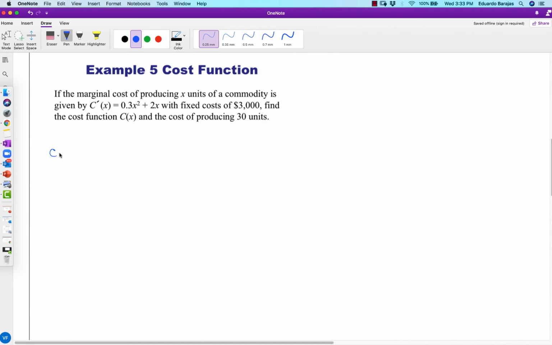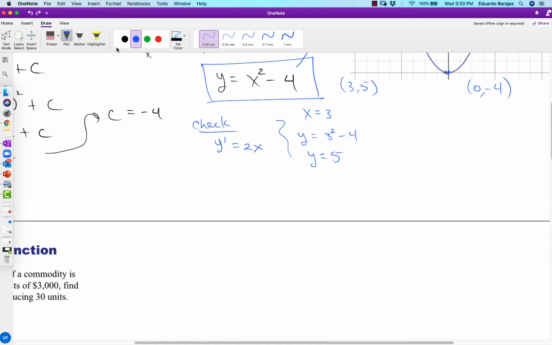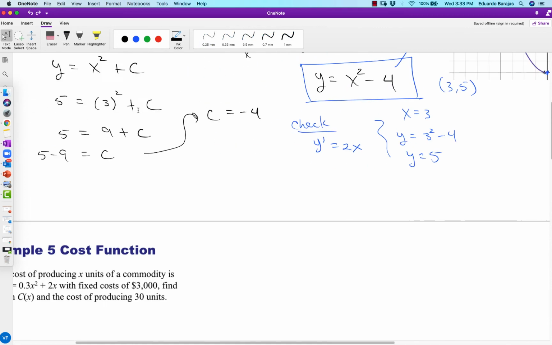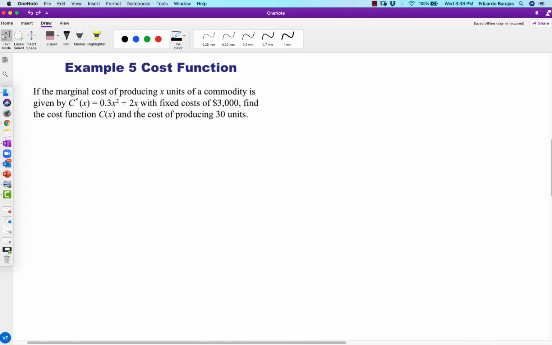C of X is equal to the integral of C prime of X dx. Right? Note that, well, okay, let me take a step here. We can also rewrite this as the integral of the derivative of C of X dx.